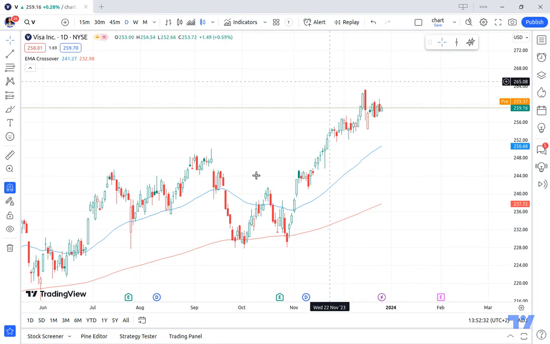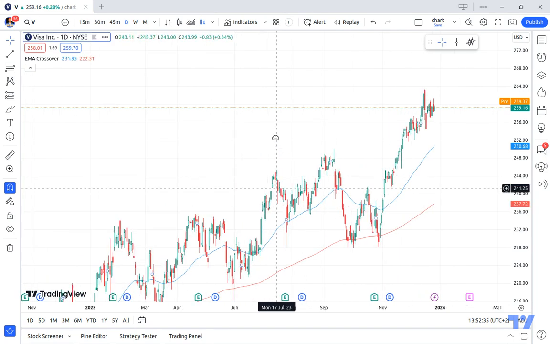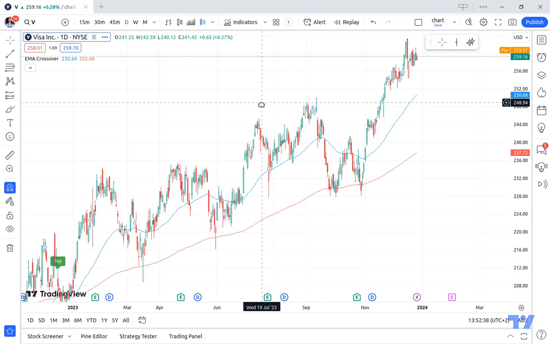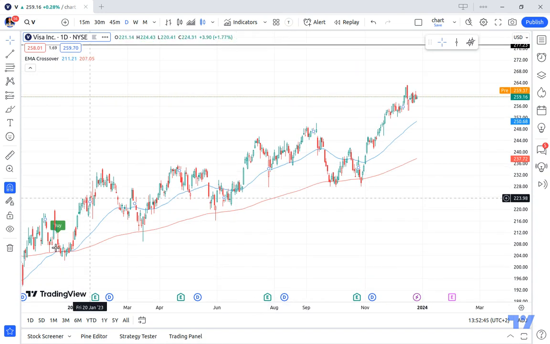This strategy follows the rocket booster strategy. In the rocket booster, the strategy is very easy. The price has to be above the 50-day moving average, which is represented by this blue line here.